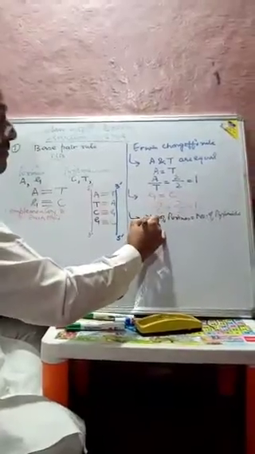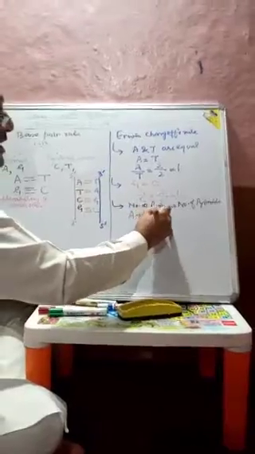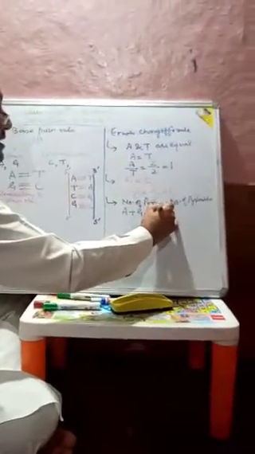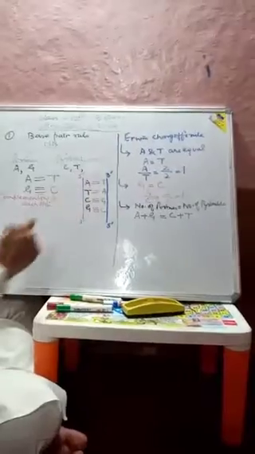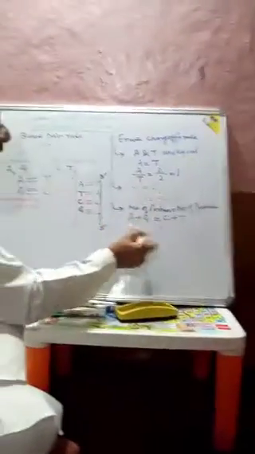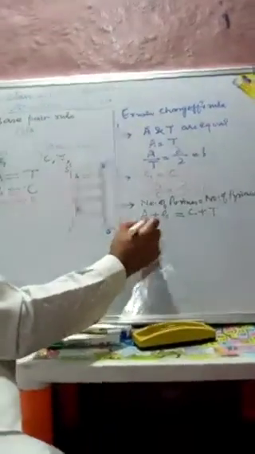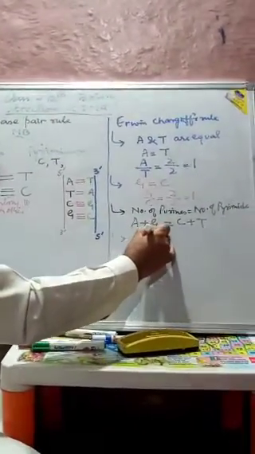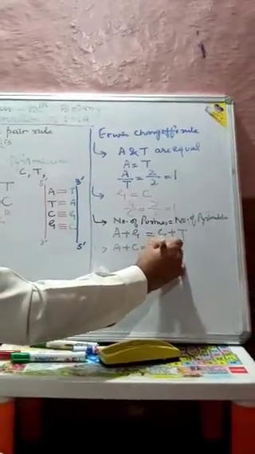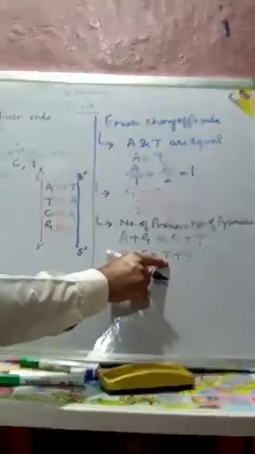That means A plus G is equal to C plus T. Or if we intermix them, the equation becomes A plus C is equal to T plus G, that is 1 purine and 1 pyrimidine, 1 pyrimidine and 1 purine.